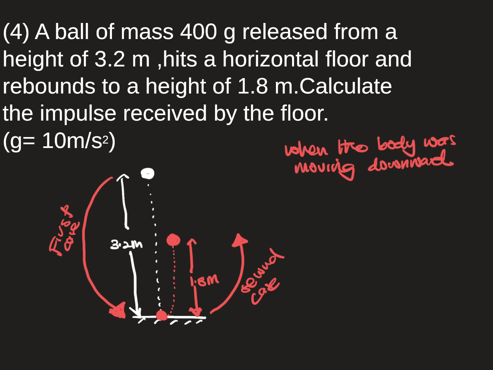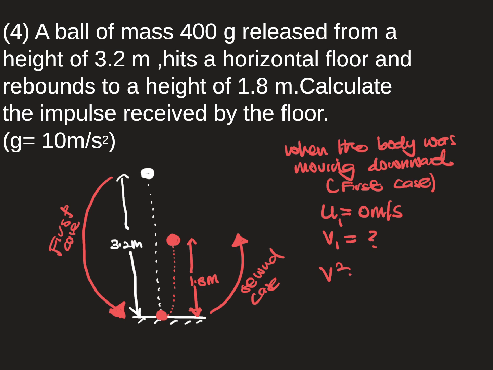So I'm considering the first case here. U, the initial velocity, will be 0 meters per second. It was released from a height. So we can call that U1. So the final velocity as it impacts the ground will be what we will find.